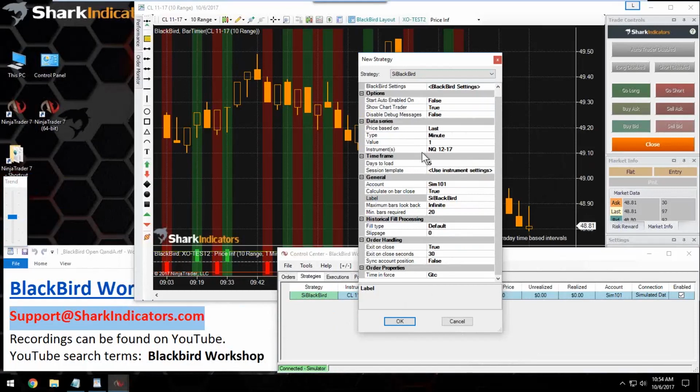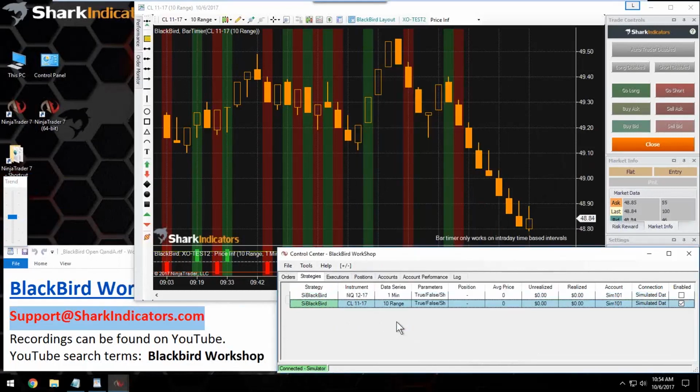This interface looks a little different when you're running a strategy without a chart. And there we go. All right, so there's a Blackbird running on the NQ. Turn it on. So you can run strategies basically just in the background inside of NinjaTrader.